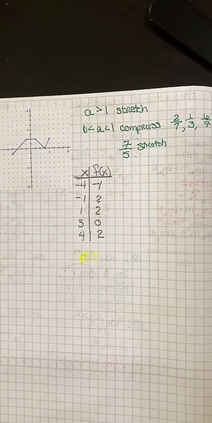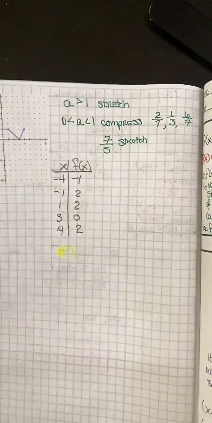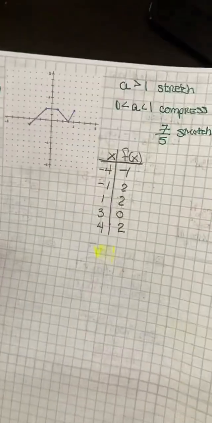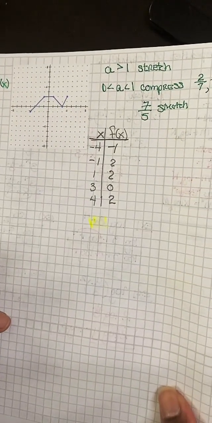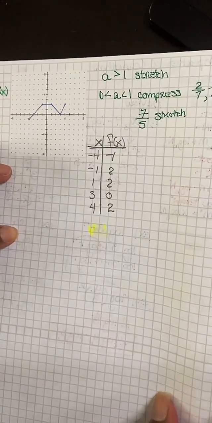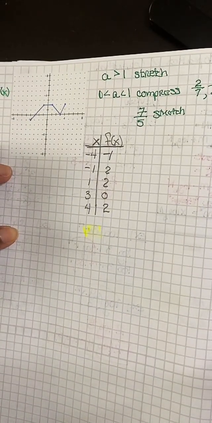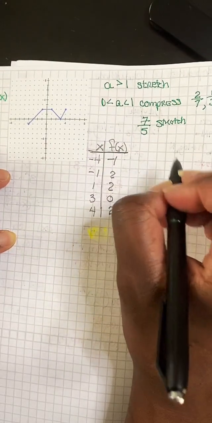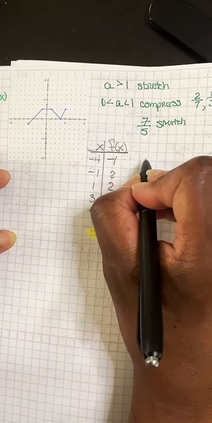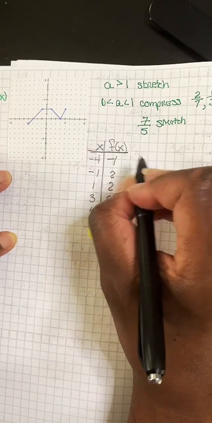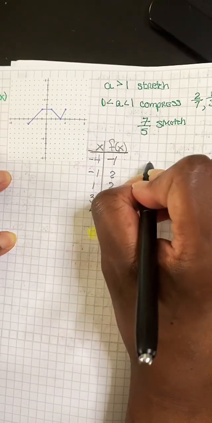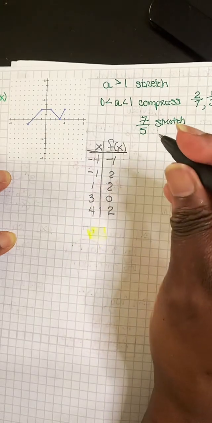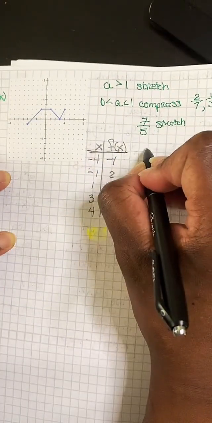So now we want to double our y values. That means we're going to keep our x values, but we're going to double our y's for our new graph.